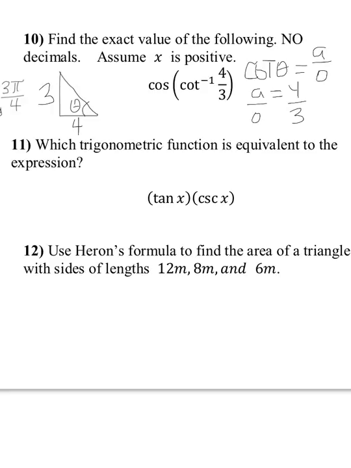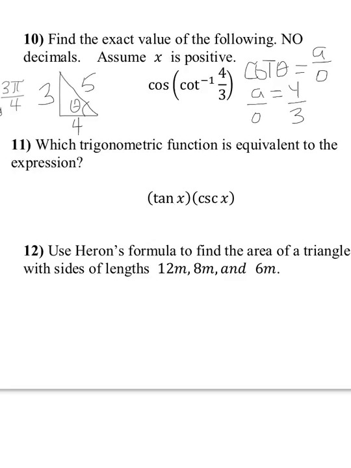Then I can use that information to find my hypotenuse, and in this case we have a Pythagorean triple, and I would imagine that on your test you're also going to have a Pythagorean triple. So you may have to use the Pythagorean theorem to find it, but if you already know your Pythagorean triples, then it won't be too hard to find.